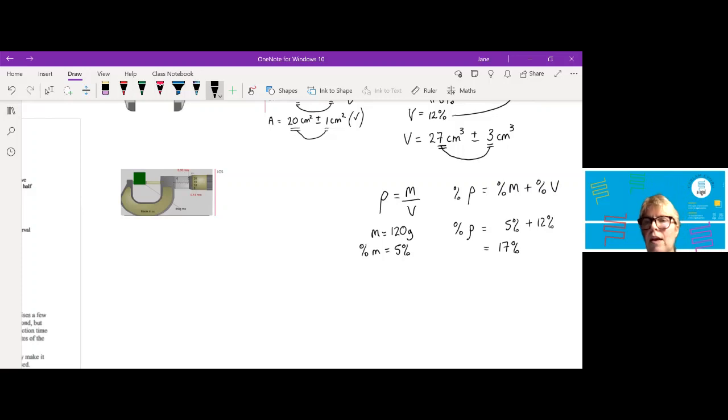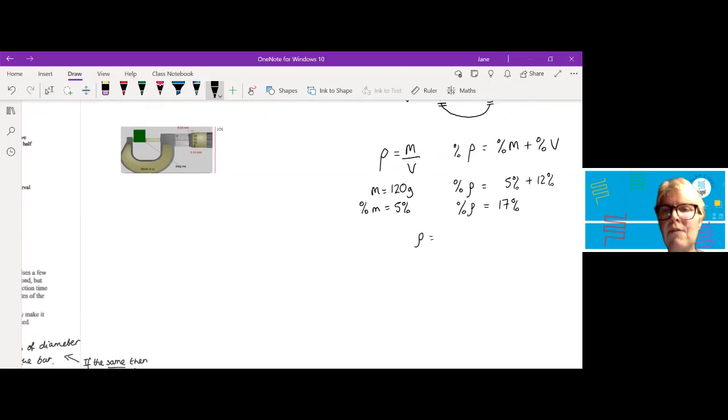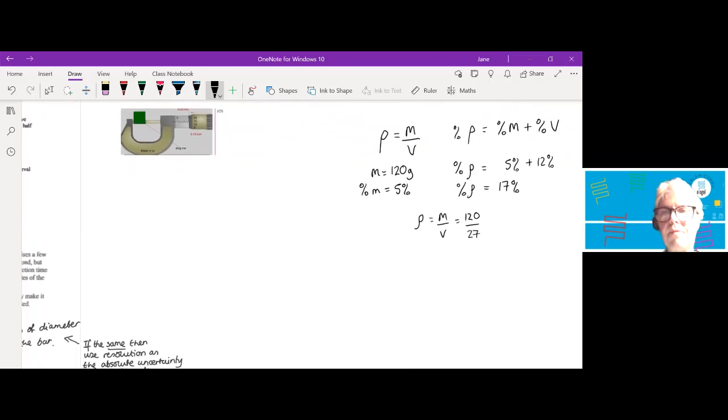All right, so if I wanted to work out my density now, I've got my mass divided by my volume, 120 divided by my 27. So 120 divided by 27 equals 4.4.